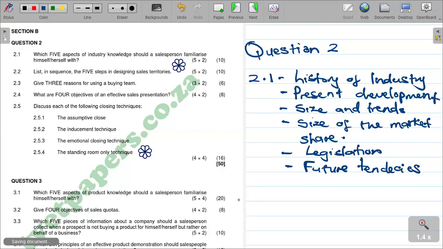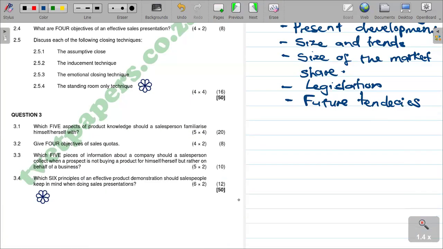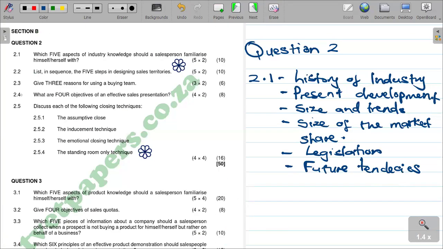Right. So let's move on to question 2.2.